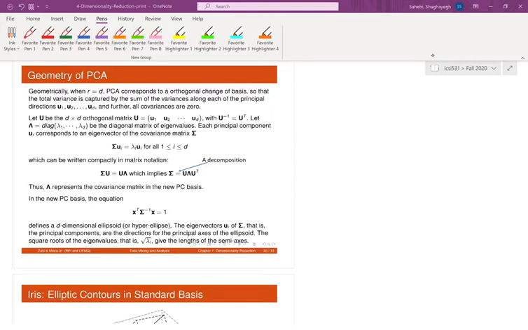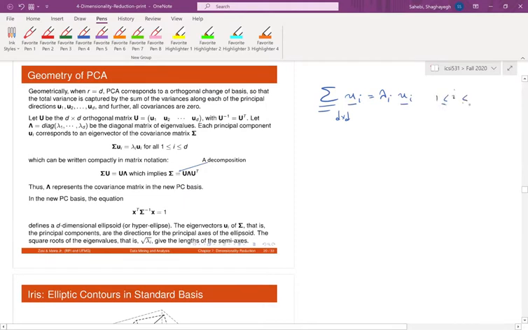We know that in PCA, or principal component analysis, we have a covariance matrix sigma achieved from our data, which is d by d, and to reduce the dimensionality of the data, we eventually get to this equation: sigma ui is equal to lambda i ui, for i between 1 and d.